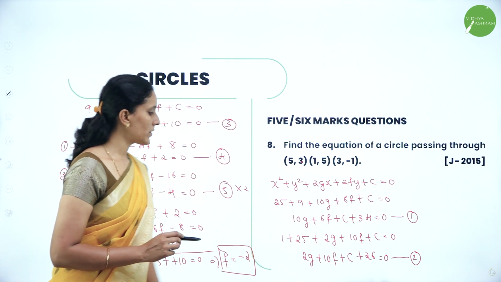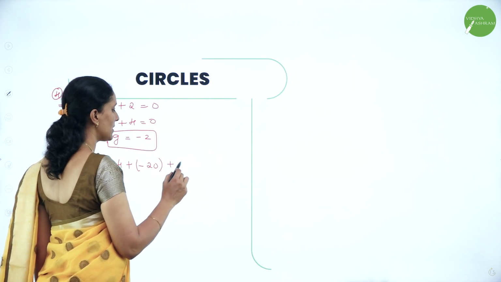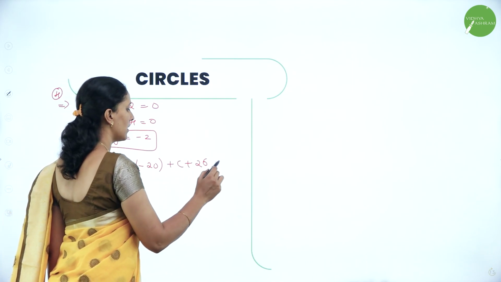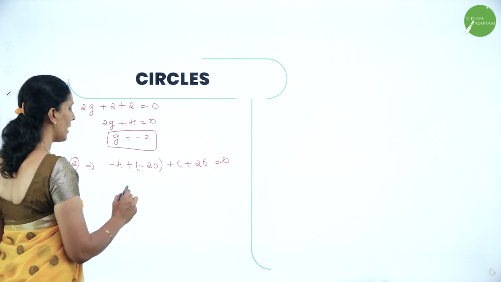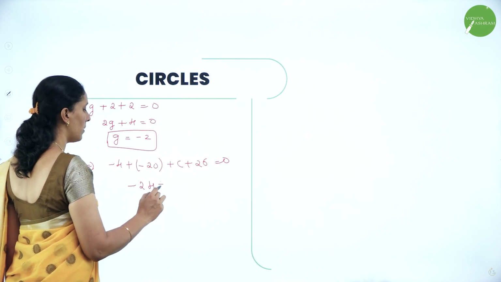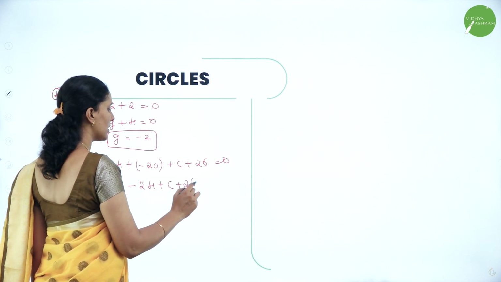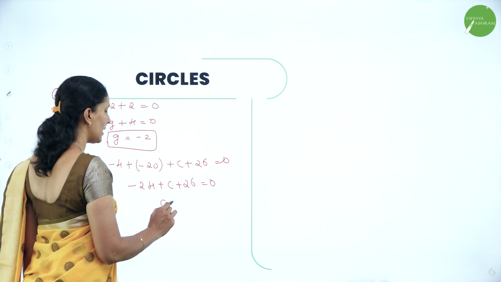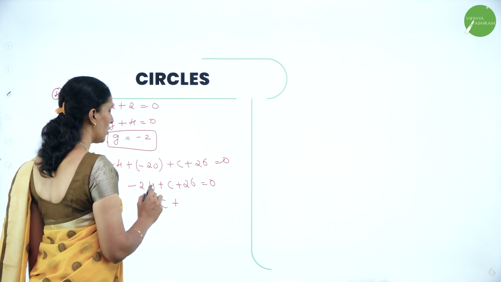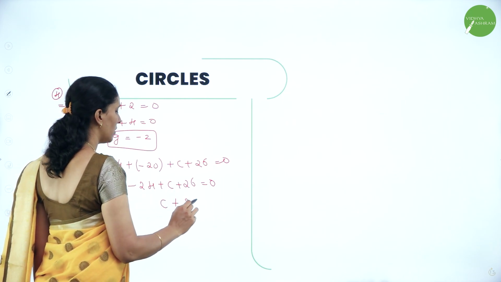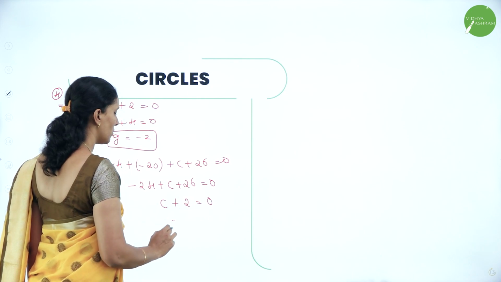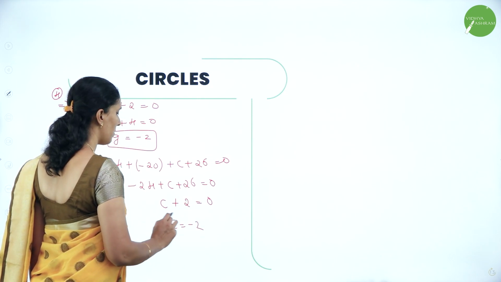Next we have plus c plus 26 is equal to 0. So here we have minus 24 plus c plus 26 is equal to 0, or c plus 2 is equal to 0. So c is equal to minus 2.